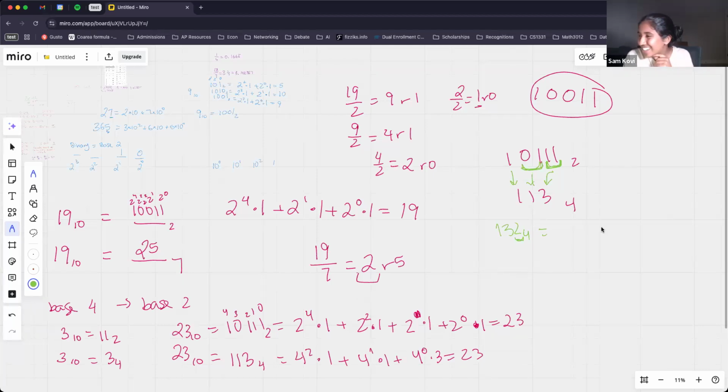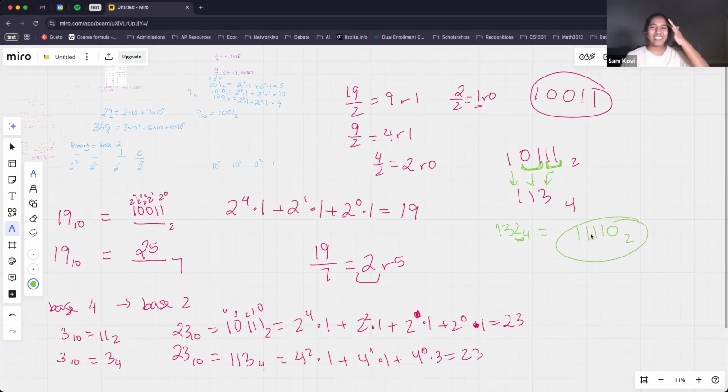Yeah, Rob, that's absolutely correct. It's 1 0. How can you write 3 in base 2? 1 1, perfect. And then how can you write 1 in base 2? Just 1, right? And so this is our number in base 2.